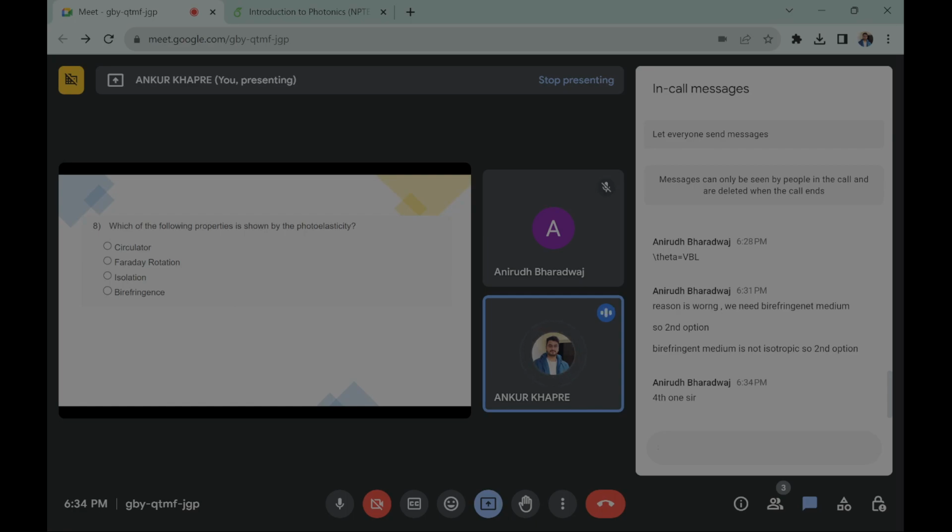The fourth one, birefringent. Why are you saying birefringent? Any particular reason? In photoelasticity, what is happening actually? Please tell me.